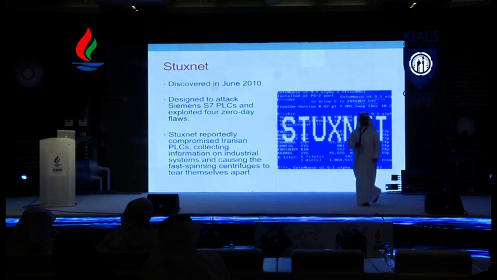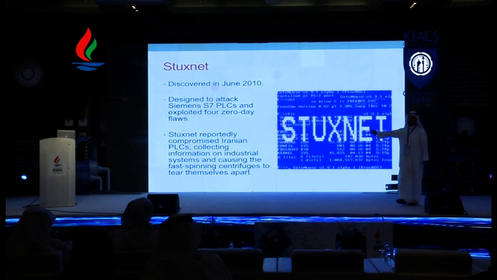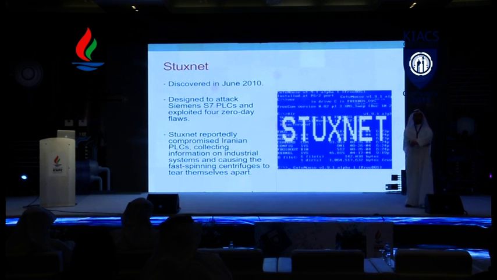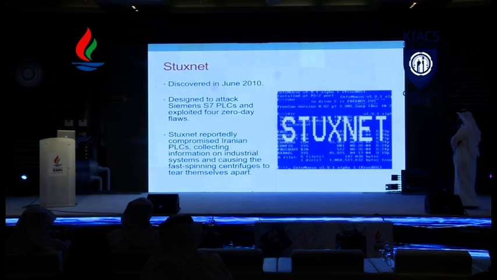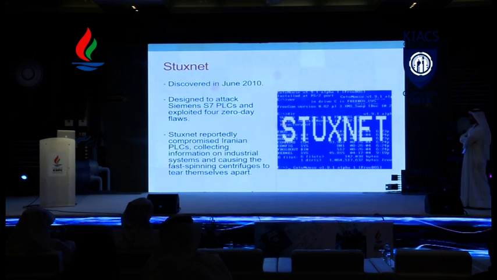So the first one is Stuxnet, the malware that hit the Iranian nuclear plant in 2010. It was designed to attack the Siemens PLCs, and it exploited 4 zero-day flaws at that time. Stuxnet reportedly compromised Iranian PLCs, collecting information on the industrial systems and causing fast-spinning centrifuges to tear themselves apart.